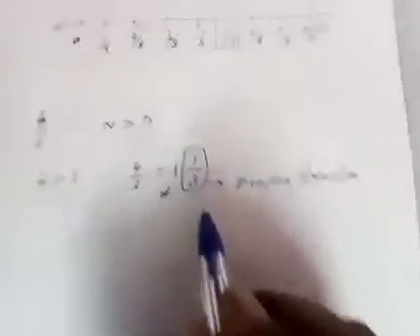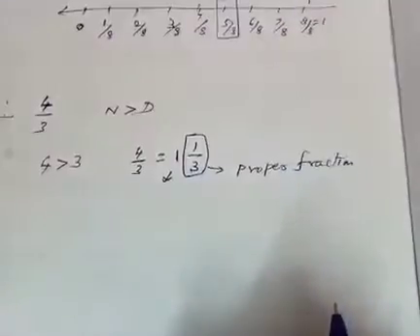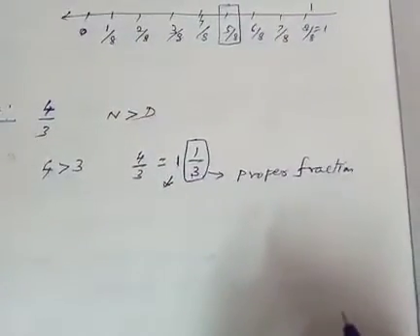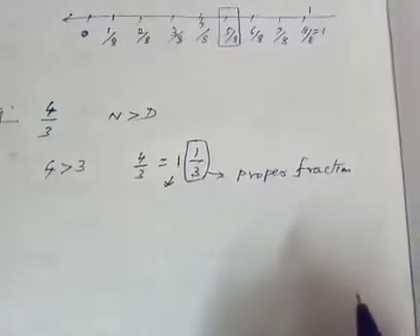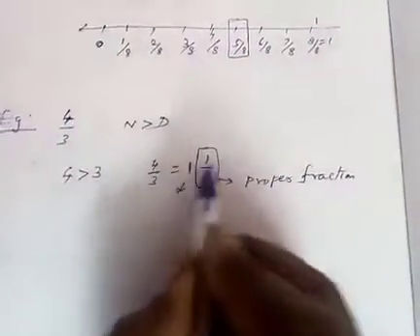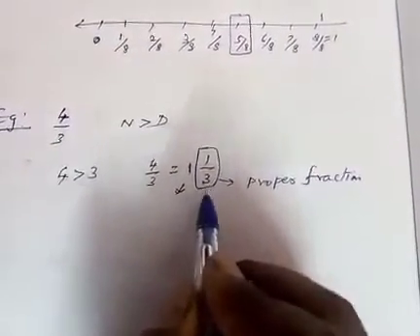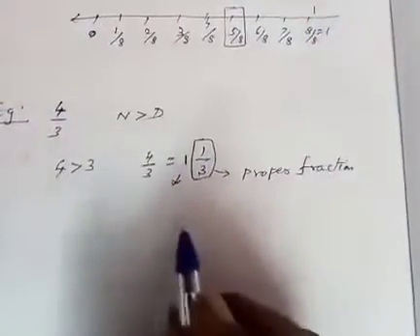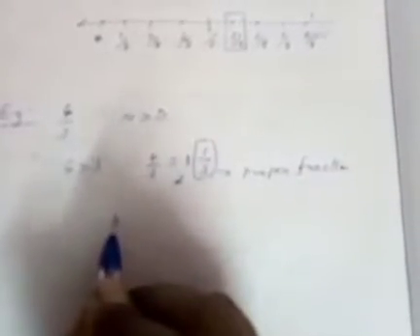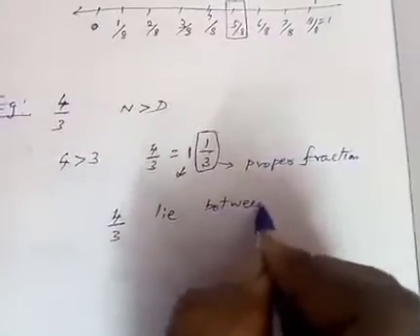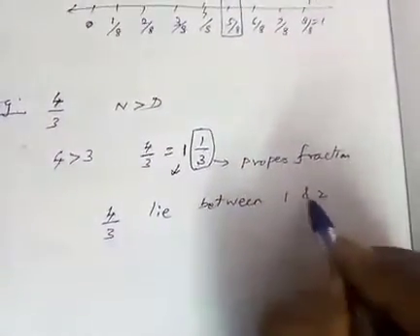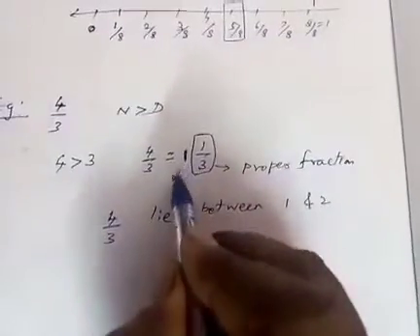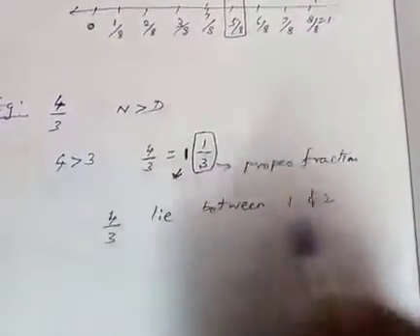Now what is the denominator? Denominator 3 tells us the number of equal parts. Now 1 divided by 3. So the rational number 4 by 3 lies between 1 and 2, because here 1 is the whole part.